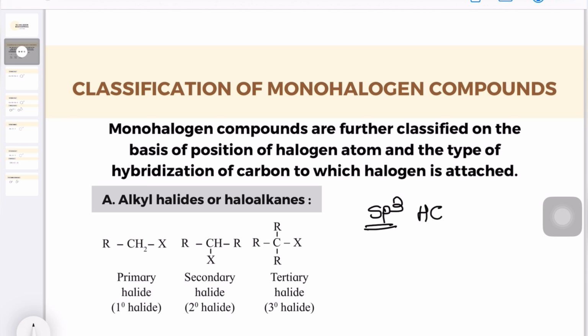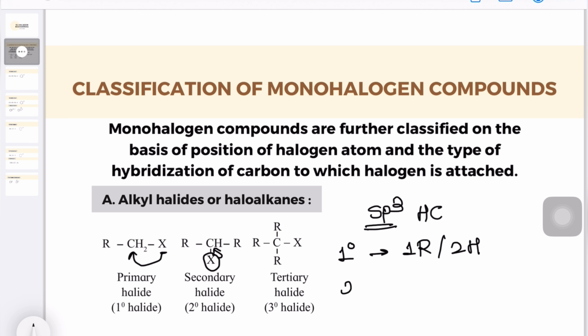These are all sp3 hybridized hydrocarbons. What is meant by primary halides? Primary halides are compounds in which the halogen atom is attached to an sp3 carbon atom, and the identification of a primary halide is the presence of one R group and two hydrogen atoms.